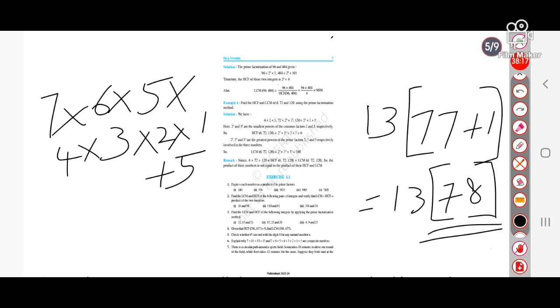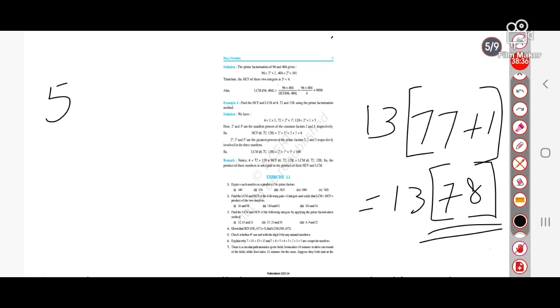Now this 5 is present here as well as here, so we need to take 5 as a common factor outside.